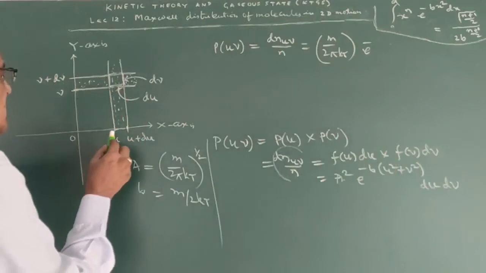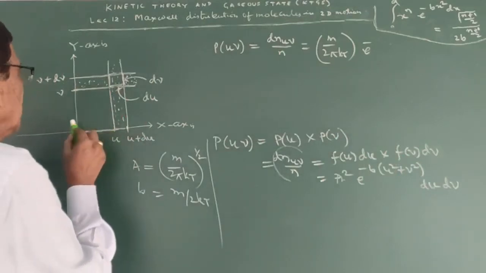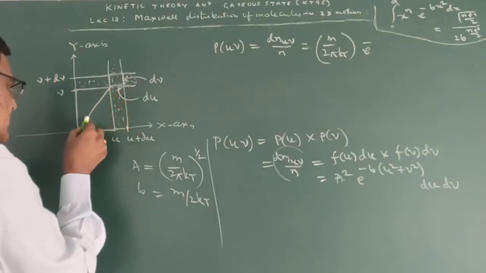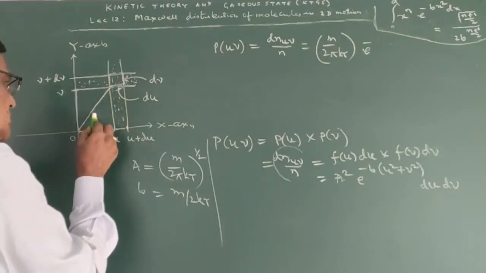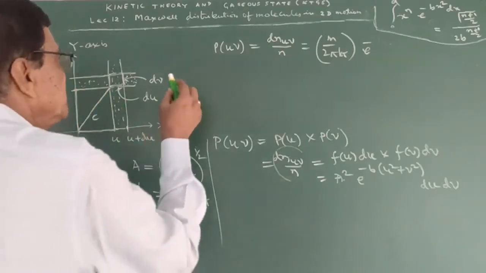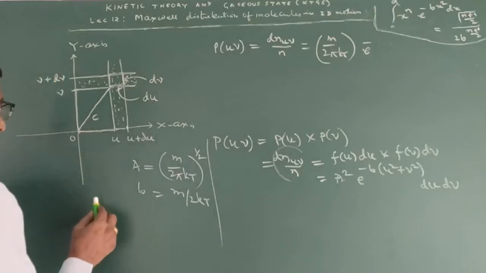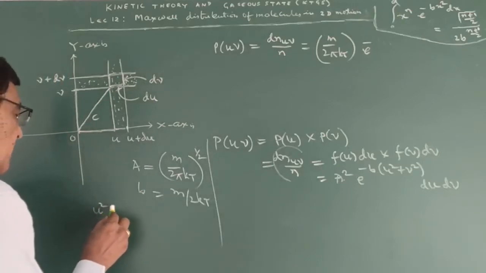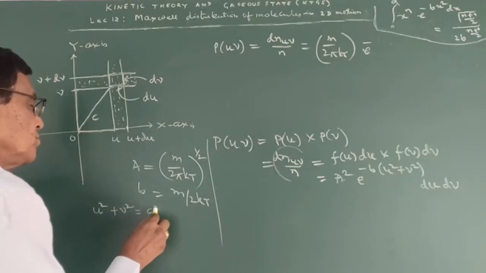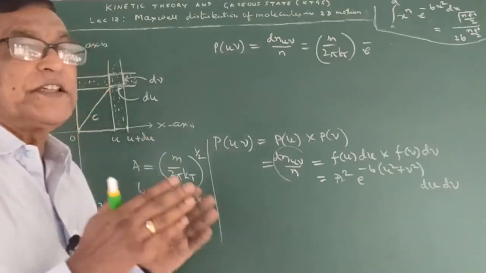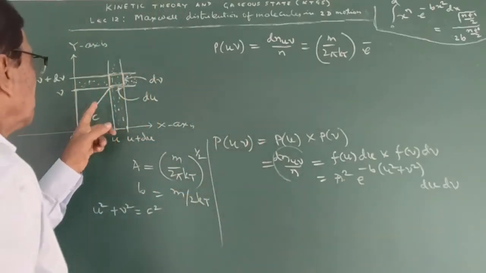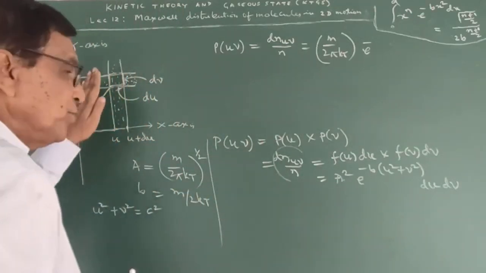This is u and this is v, and this is the resultant speed c, the resultant value. So actually u squared plus v squared equals c squared, c the resultant speed, and this speed can move in all directions within this plane.